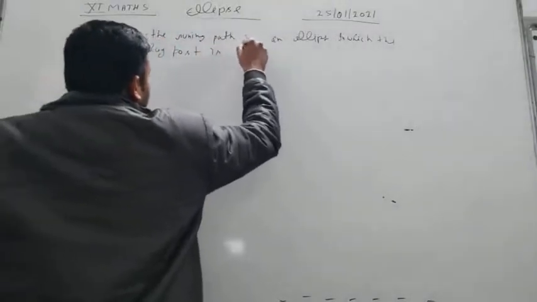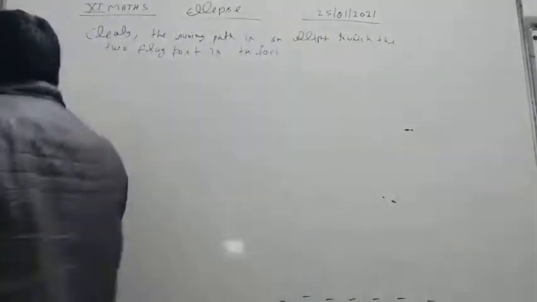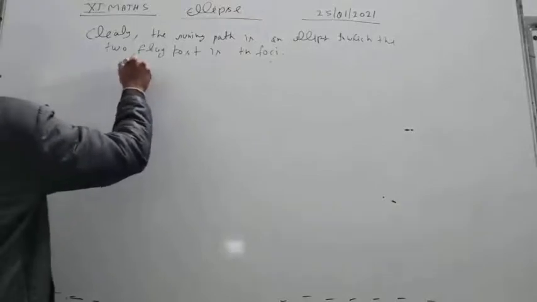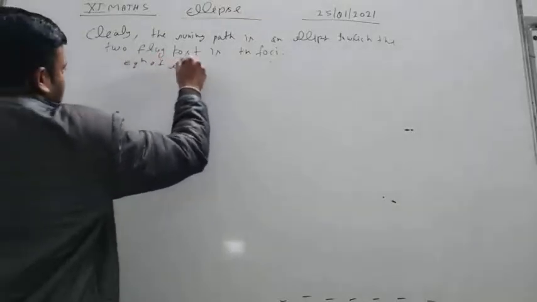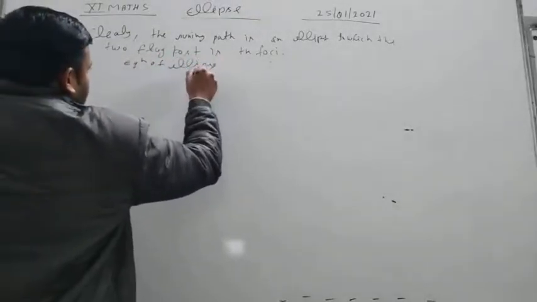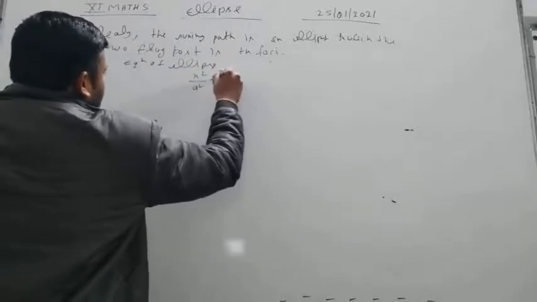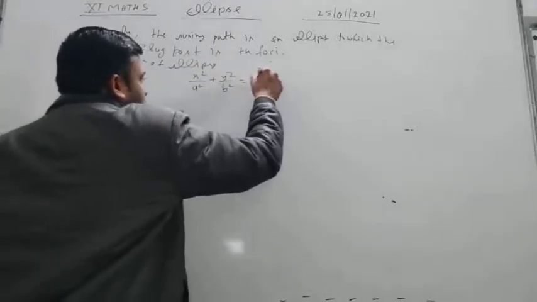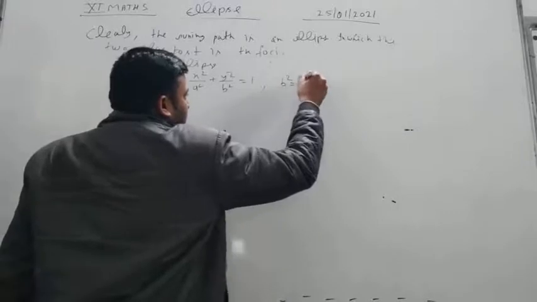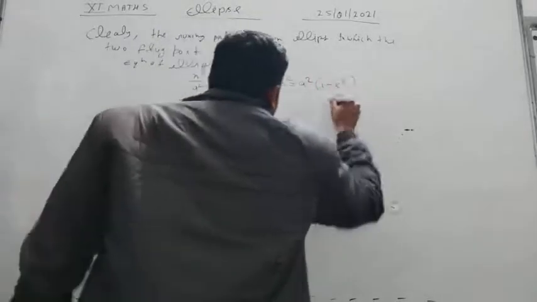Okay, so this is what we have to do, and you know the equation of an ellipse is x square by a square plus y square by b square is equal to 1, where b square is equal to a square times 1 minus e square.